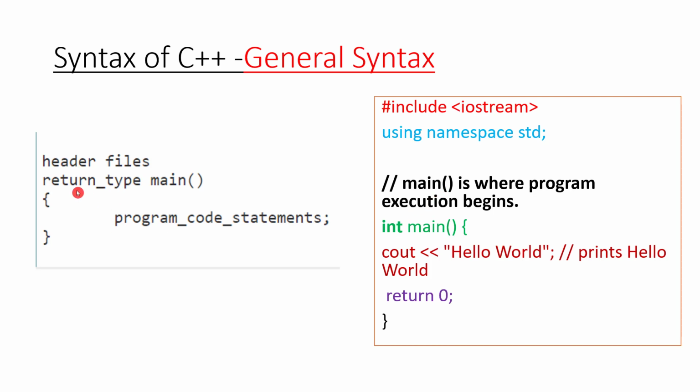Then we have the return type int, main, with the brackets and then the curly bracket. The program code statements: only the hello world printing and return 0, then closing with the curly bracket.